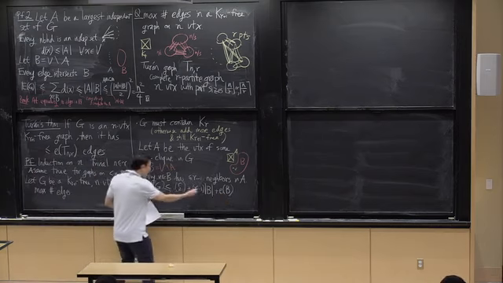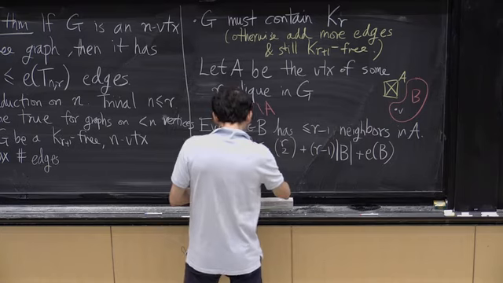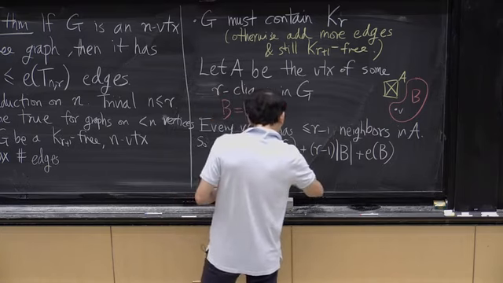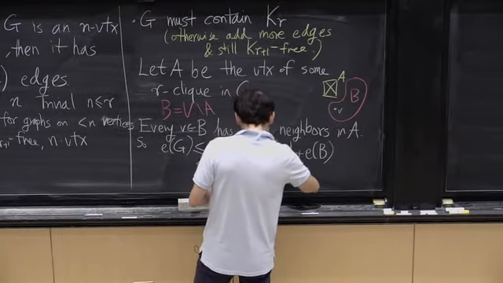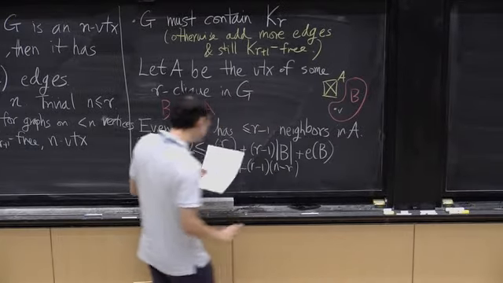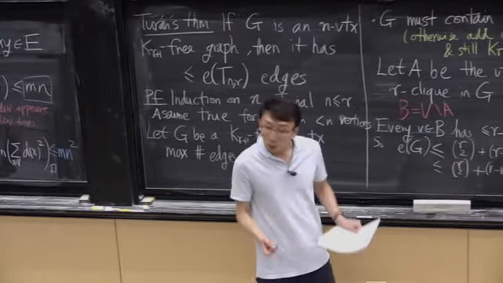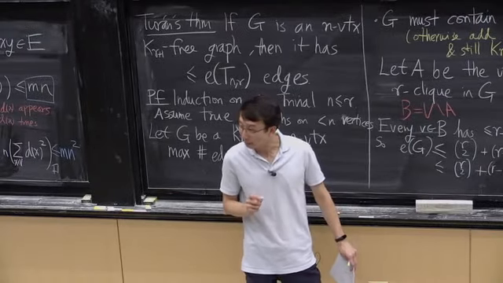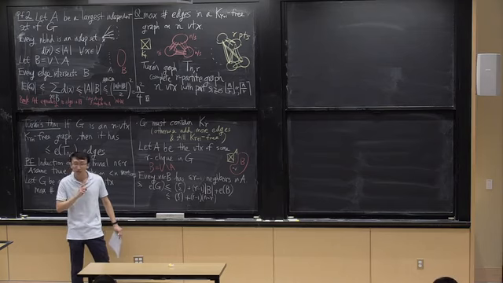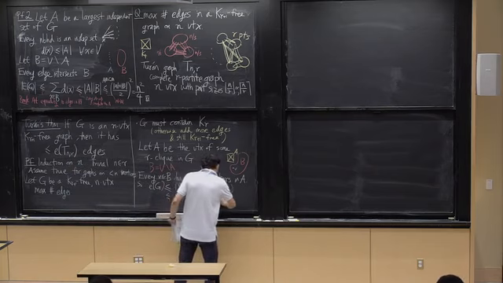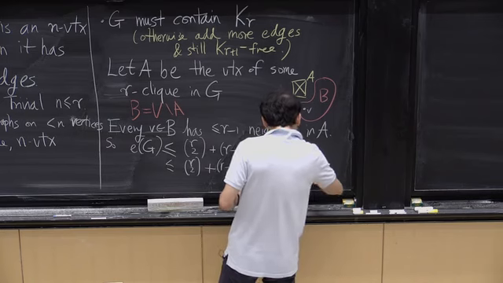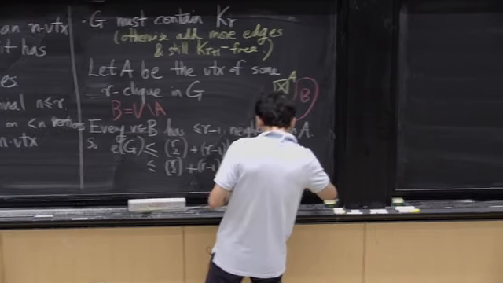Well, we can say something more about these quantities. We know that the size of B is exactly n minus r. But what can we say about the number of edges in B? We can use the induction hypothesis. So B is also K_{r+1}-free, so the number of edges is at most the number of edges in the corresponding Turán graph.